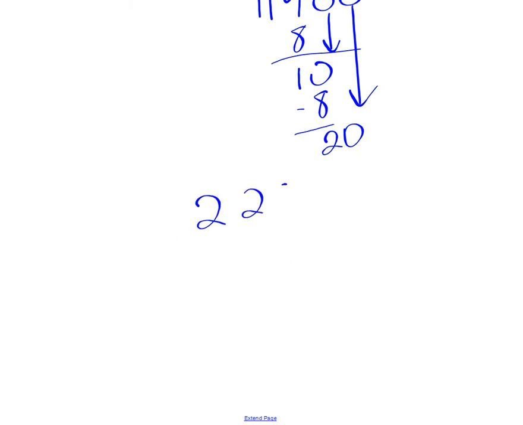So 225, if we just started adding zeros, would that work? No. What would that be? 2,250,000. All right, so this would be 2.25 million. So we need to add what?